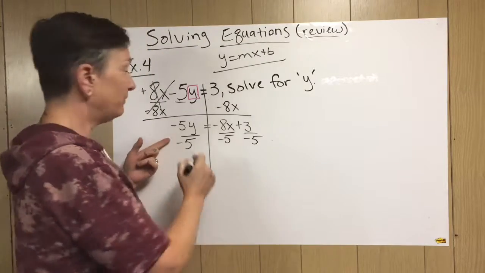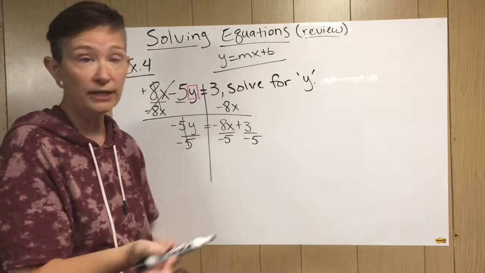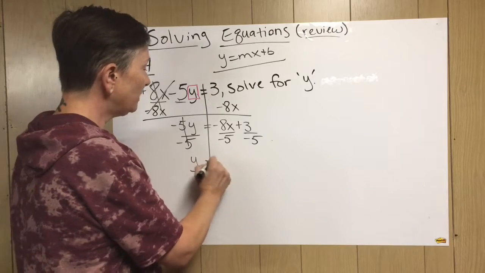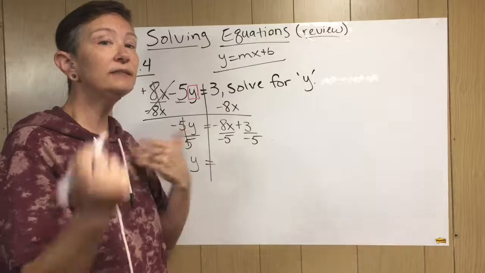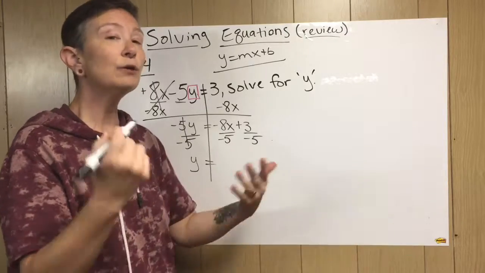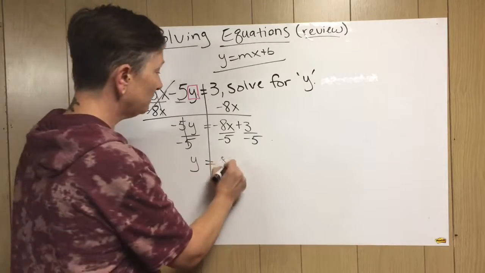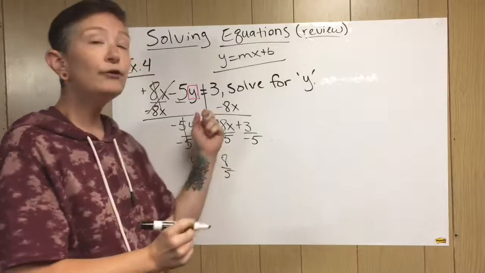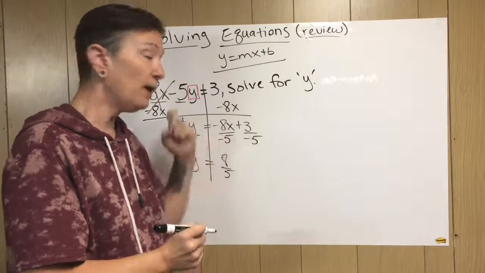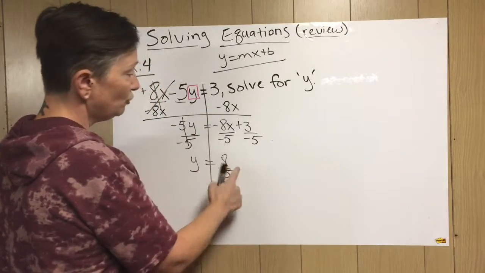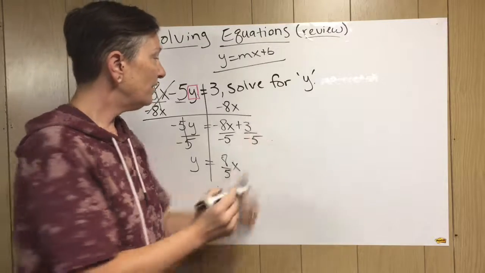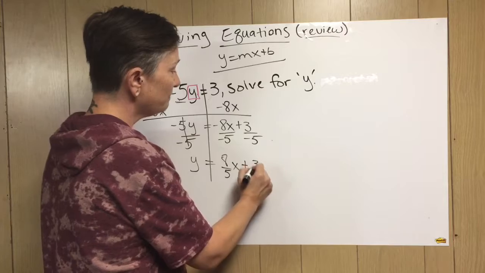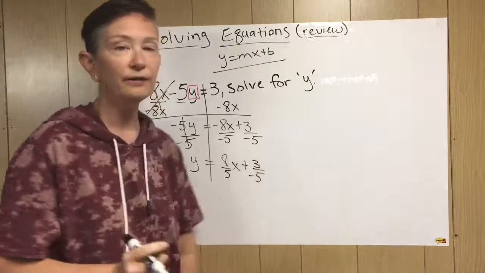Negative 5 divided by negative 5, that's 1, so I can get rid of that. y equals negative 8 divided by negative 5. I can't divide the numbers, so I'm just going to leave them as 8/5. But I do know that negative divided by negative is a positive. So now this changes to a positive 8/5. I bring my x down, and then I can do plus 3 over negative 5.